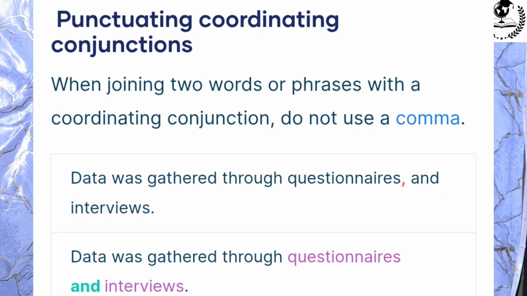Now, let us look at how to punctuate coordinating conjunctions. When joining two words or phrases with a coordinating conjunction, do not use a comma. For example, in this sentence: data was gathered through questionnaires and interviews. As you can see, there is no comma in this sentence.